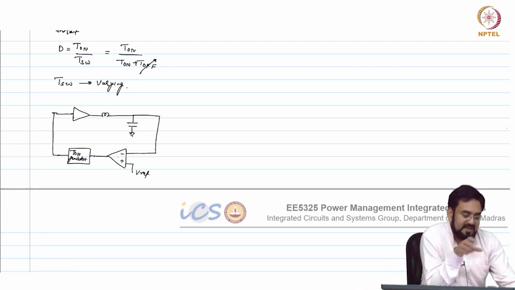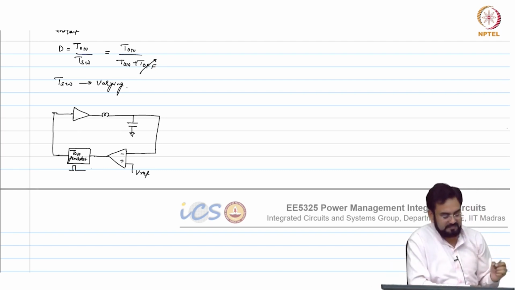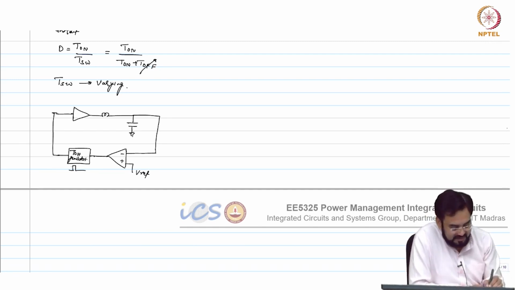So we want to make the T on constant. I mean T on generator, there will be one, let's see.